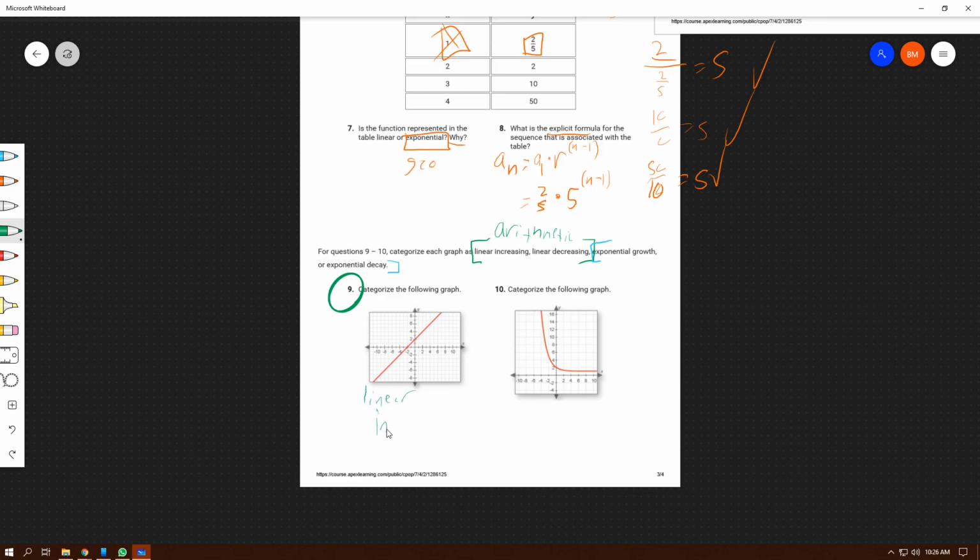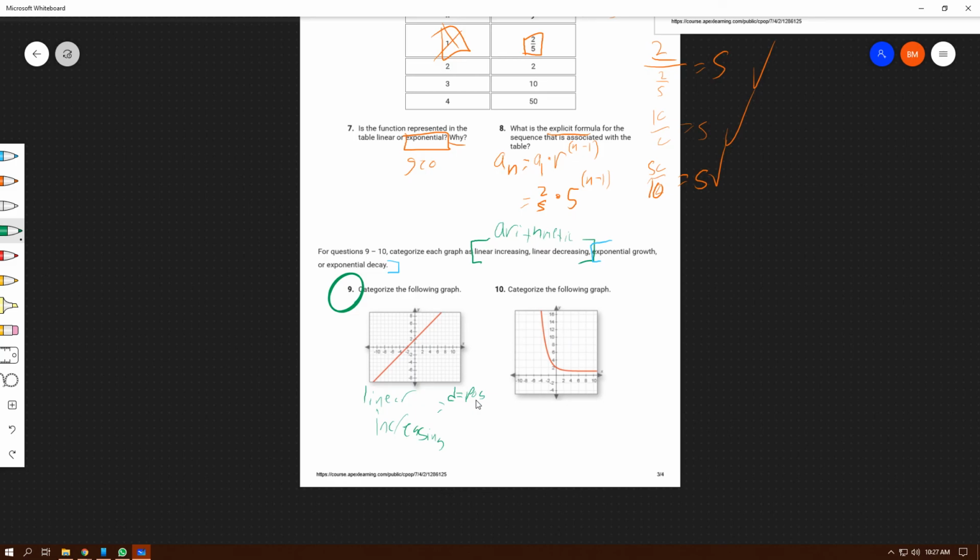It is an arithmetic sequence, right? And it is going up. So this is linear increasing because I read it left to right. Another way, if I was given a table of values, for me to have linear increasing I would need to have a common difference that's positive.